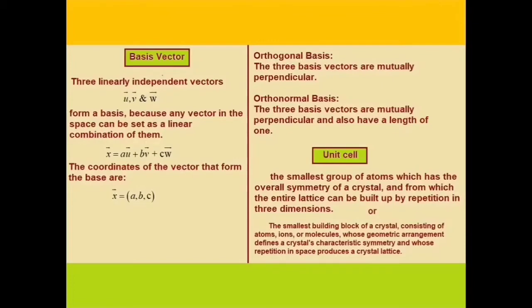There are two types of basis vector: orthogonal basis and orthonormal basis. In the case of an orthogonal basis, the three basis vectors are mutually perpendicular to each other.